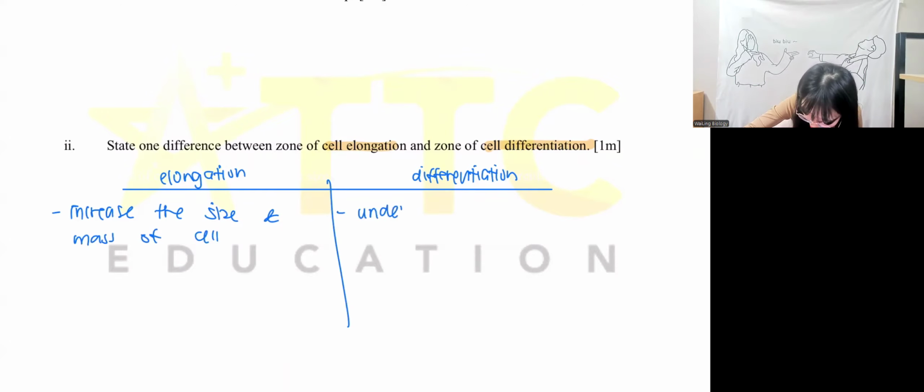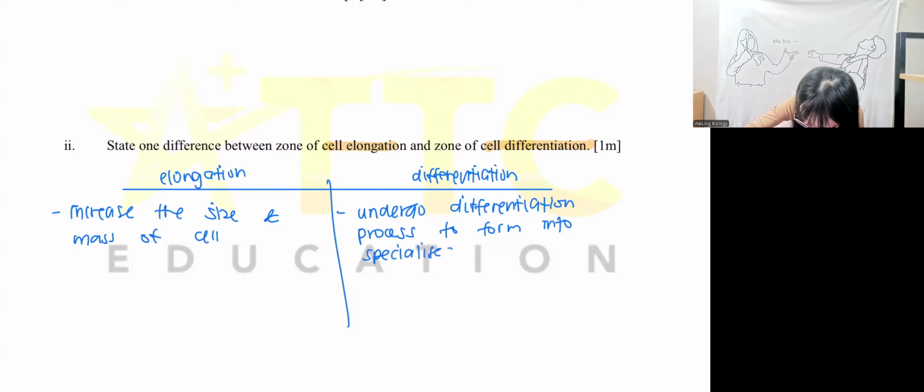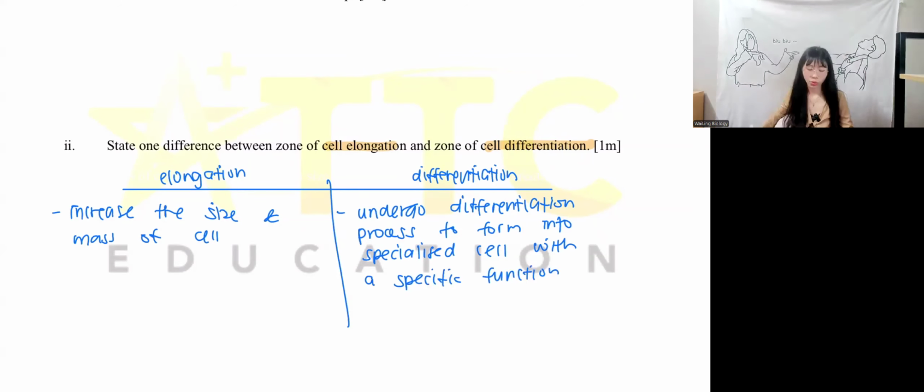Differentiation, undergo differentiation process to form into specialized cell with a specific function.